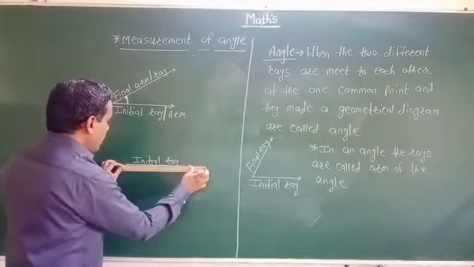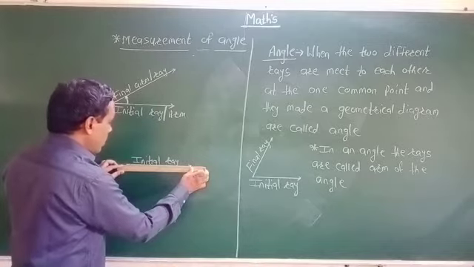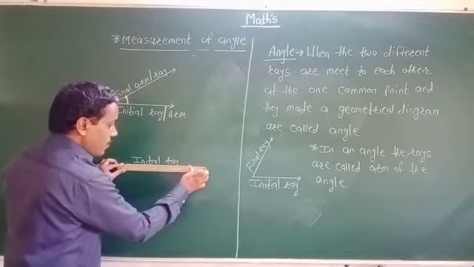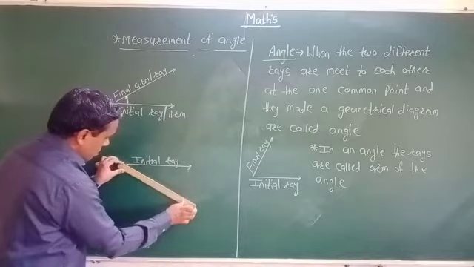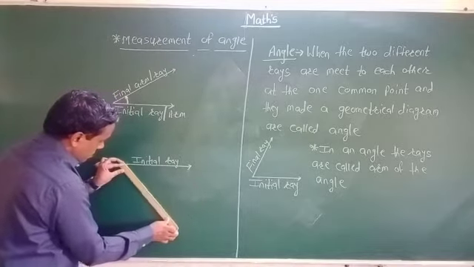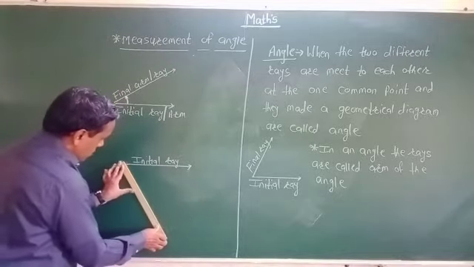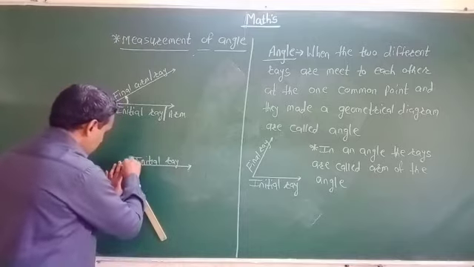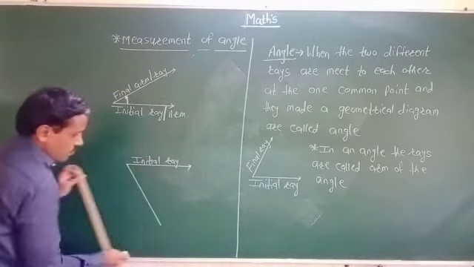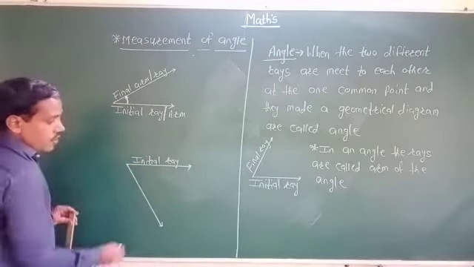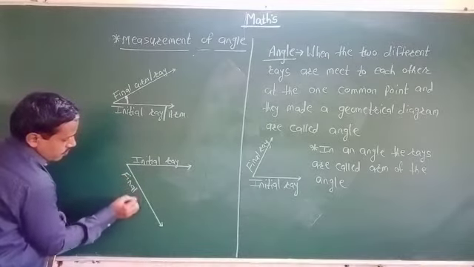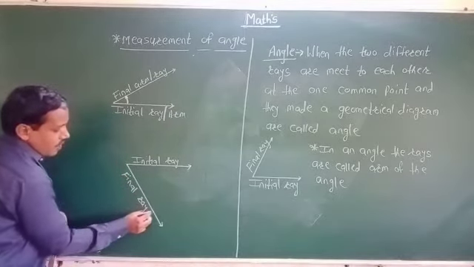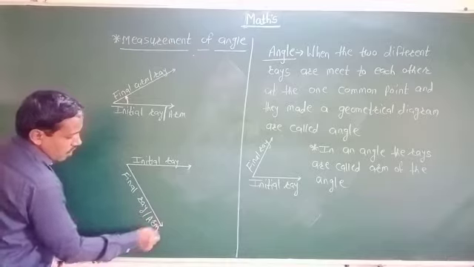When the initial ray gets deflected in the clockwise direction, we get the position of the final ray or arm.